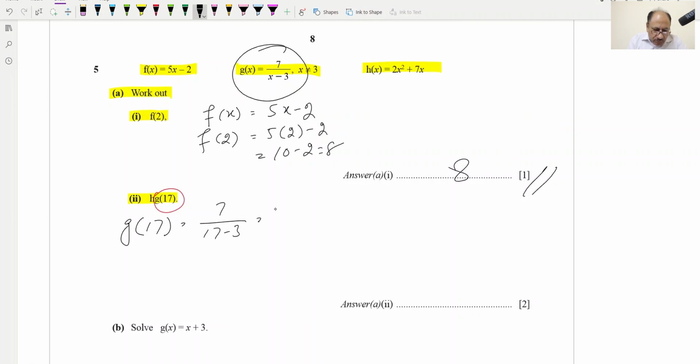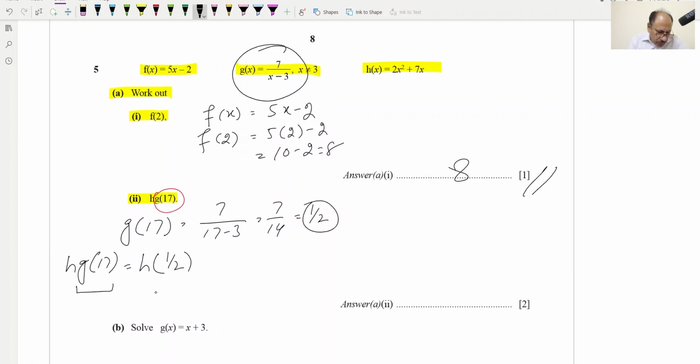This will be equal to 7 over 14, which is equal to 1 by 2. Now after getting this 1 by 2, now we can find hg of 17, and we can write this as g of 17. We can replace it with its value, which is 1 by 2.